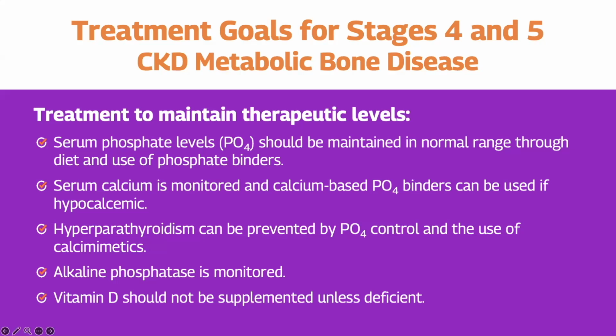These phosphate binders are, once again, taken with meals because we're trying to bind that phosphorus in the patient's digestive tract. Some common phosphate binders are calcium carbonate, calcium acetate, sevelamer hydrochloride, and others.